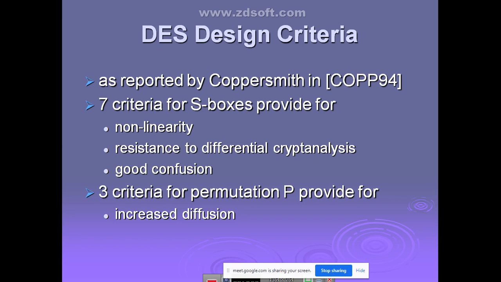Confusion indicates making the relationship between the plain text and the key as complex as possible. Diffusion indicates changing the statistical structure of the plain text. If you make a single change within the plain text, it affects multiple bits within the cipher text. Such increased diffusion is provided by using the permutation operation within the DES algorithm design. Clear?